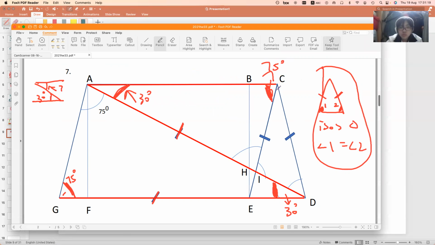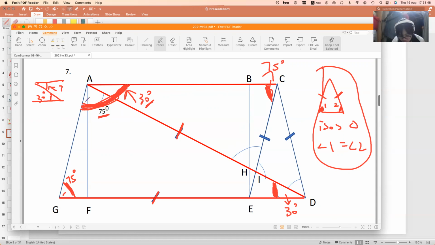Okay, good. Now, this angle here, total up, this is 75, this is 30. So the total is how much? The entire thing.